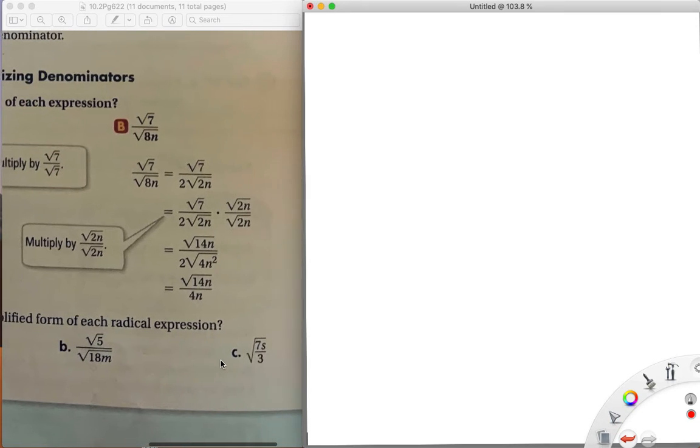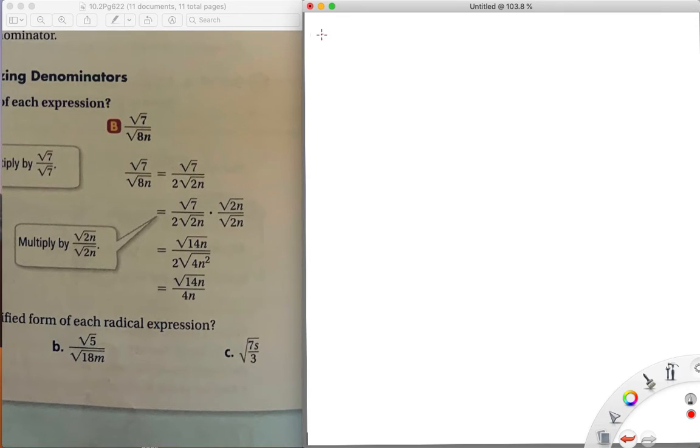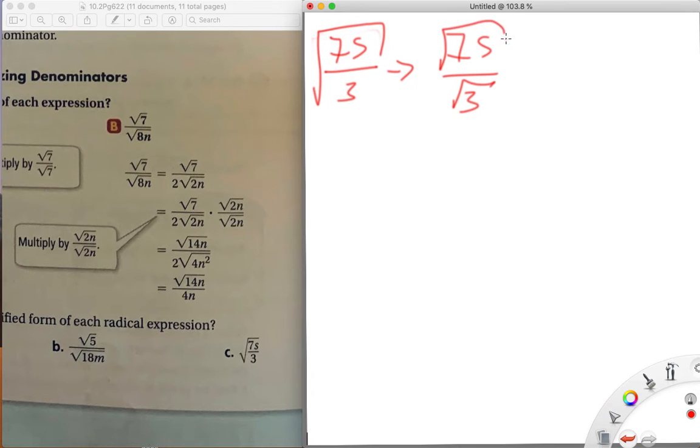Next one, I have 7s over 3. That's going to be 7s over 3s, since I can't simplify the fraction.